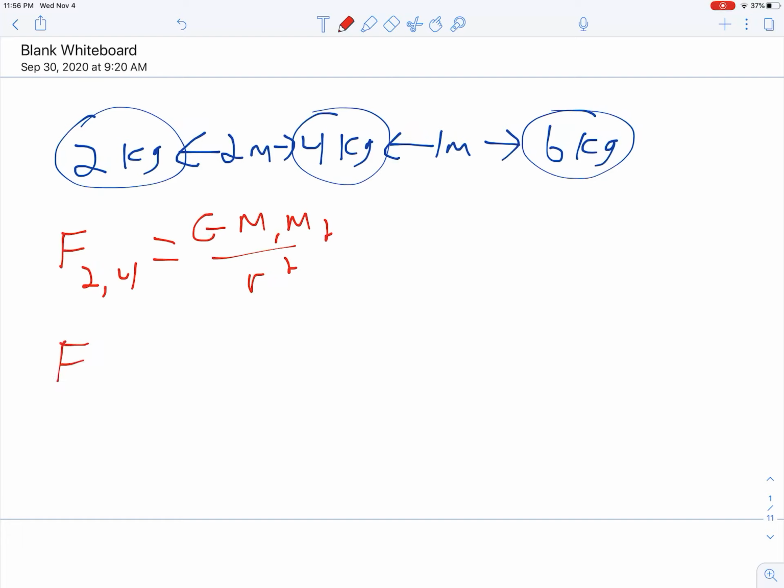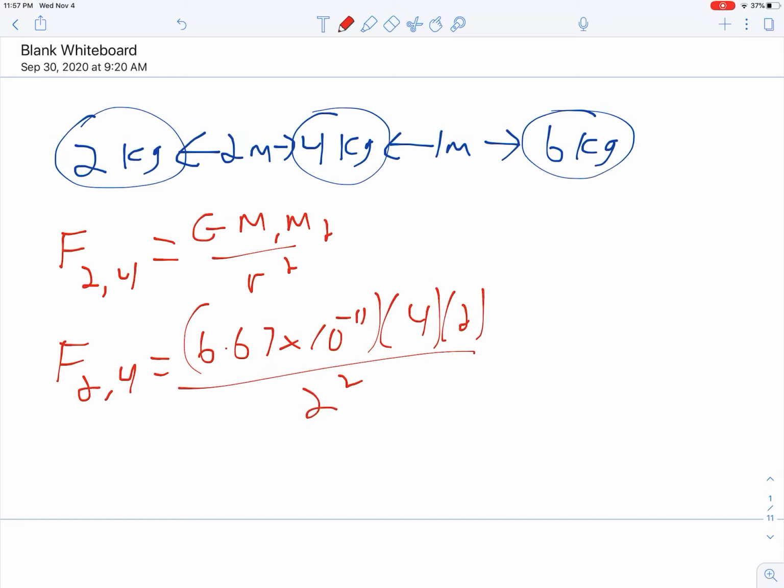Then I said that was equal to 6.67 times 10 to the negative 11, and then we have the 4 and the 2 over 2 squared. And that totally works. So if you got that, awesome. You don't have to make any kind of changes.